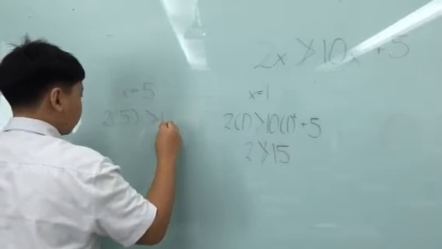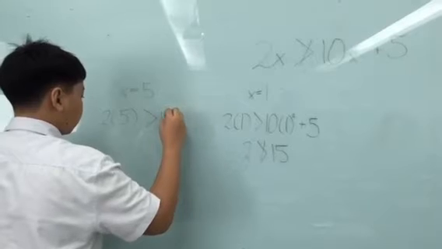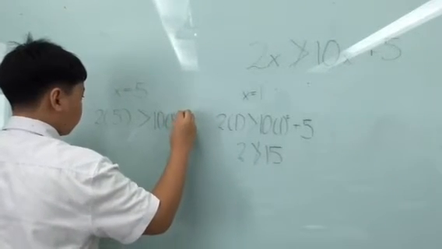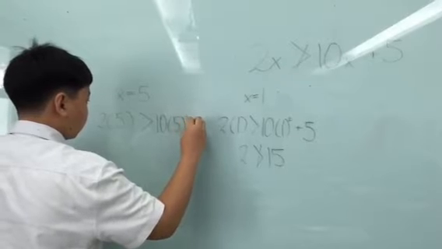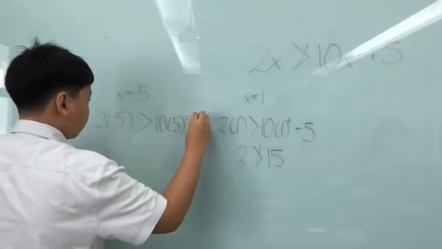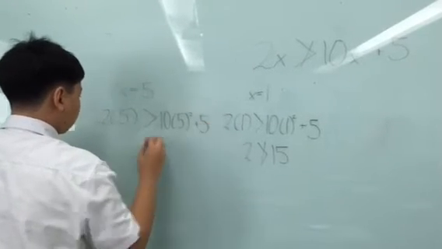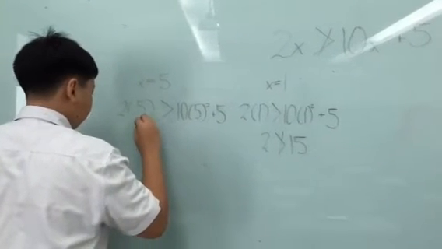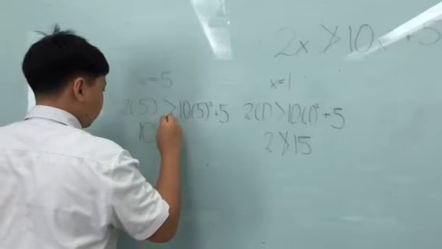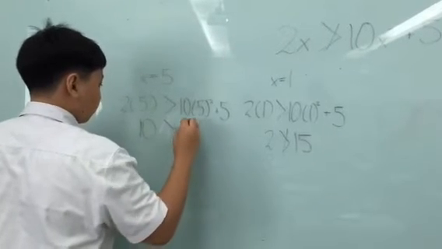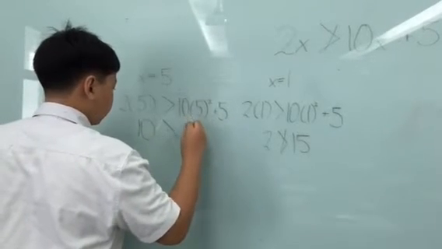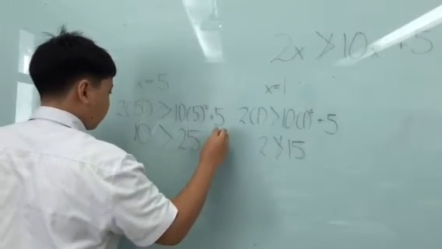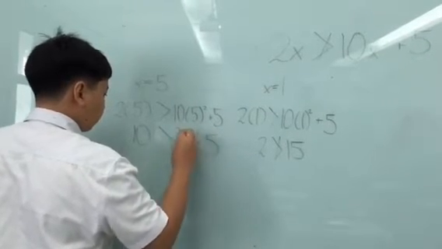In doing so, we form the equation 2 times 5 is greater than 10 times 5 squared plus 5. By simplifying this equation, we will form 10 is greater than 255. And that is not true.